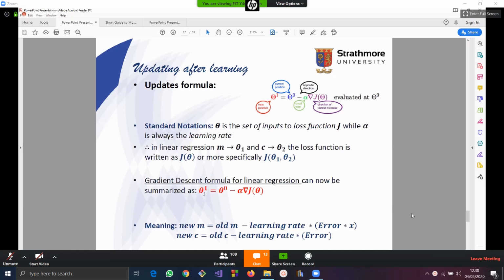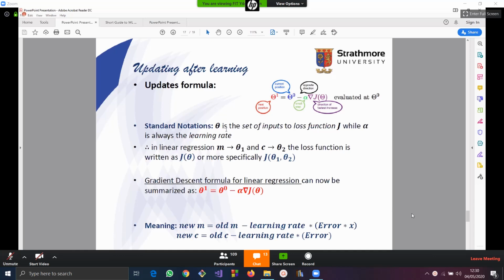Okay, so I am introducing now the official notation. When writing scientific papers and machine learning, etc., the standard is that we don't use M and C; I'm just using them for explanation. These parameters are going to be called theta, okay, like you see here.